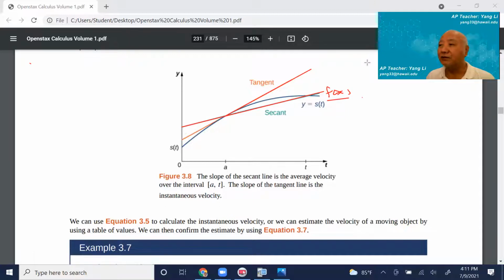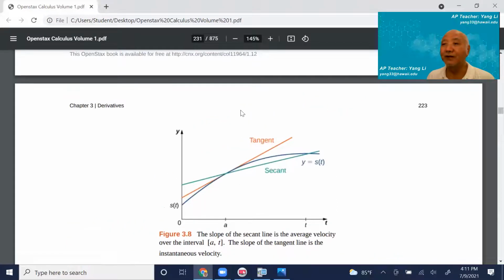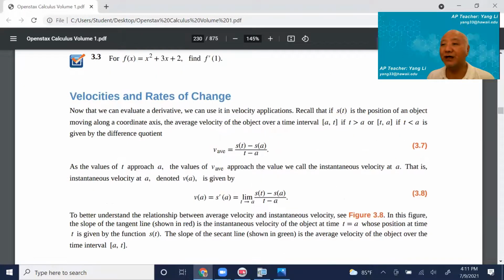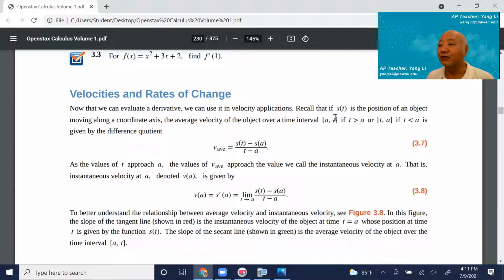But right now, we are talking about linear motion, like this question here. They said we have s(t). s(t) means the displacement, the position of the particle or moving object at time t, okay?